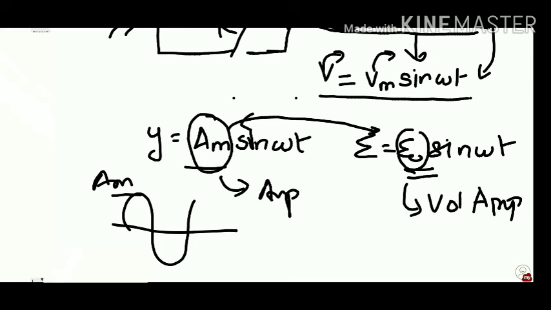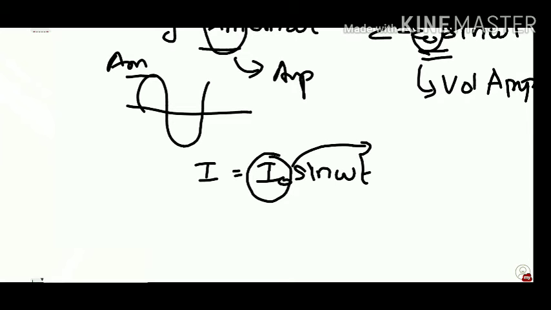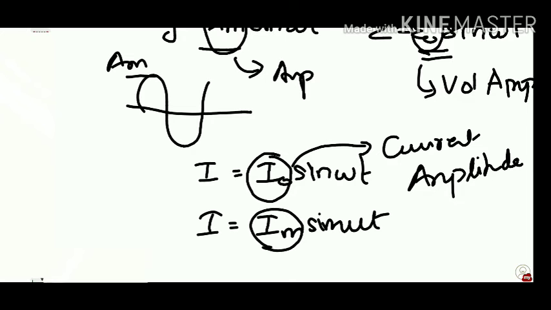Similarly, don't we have the expression for current also? Remember, we had the expression I is equal to I naught sine omega t. So this I naught can also be called the current amplitude. In our textbook and many other textbooks, this equation is also written as I is equal to Im sine omega t, where Im is the peak current or current amplitude.